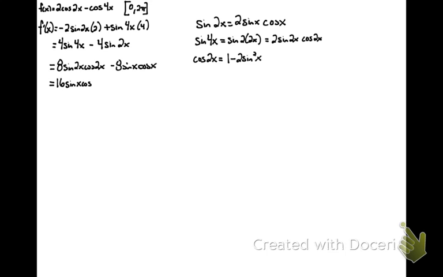And at least for now, I'm going to leave the cosine of 2x alone. I'll clean this up first. So minus 8 sine of x cosine of x. This currently has a common factor of 8 sine of x cosine of x. So I'll factor that out. When I do, I'm left with 2 times the cosine of 2x minus 1.